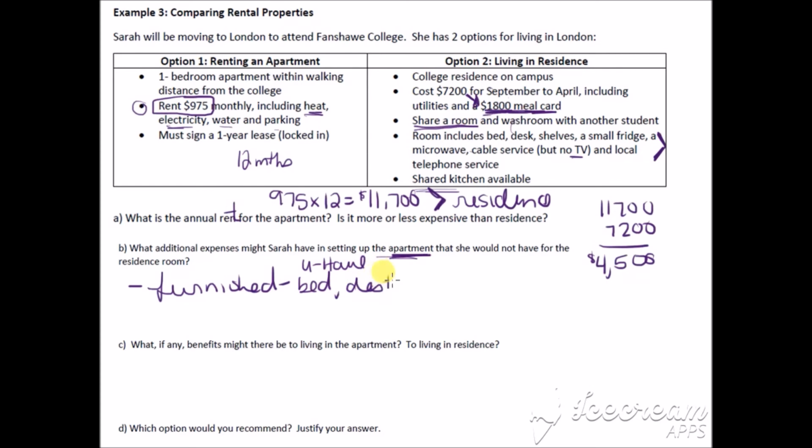Bed, desk. It has a fridge. Microwaves are very often not included. She would have to set up her own cable or internet if she wants that, and television if she wants that. Okay, she'd have to bring her own pots and pans too.